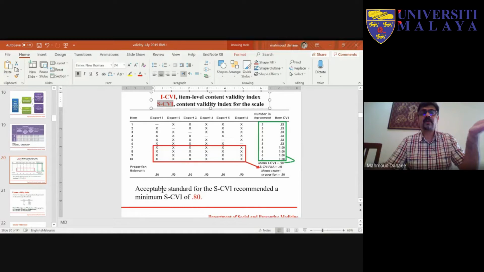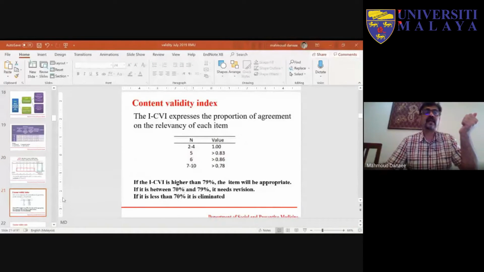The acceptable level for the SCVI is recommended. I put here 0.8, but we have some references that mention 0.7. Of course, the number of experts can also affect the cutoff point for the CVI. This table shows that N is the number of experts.